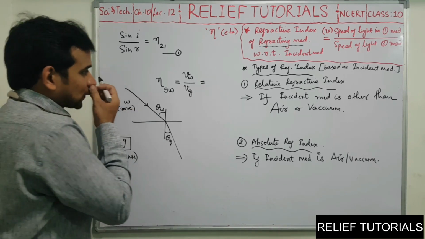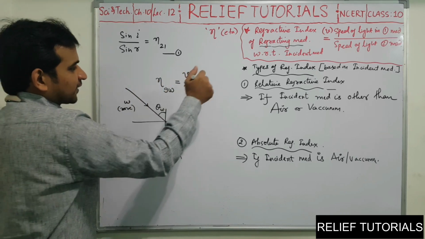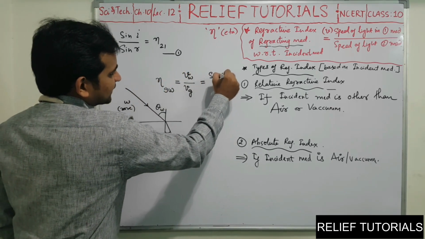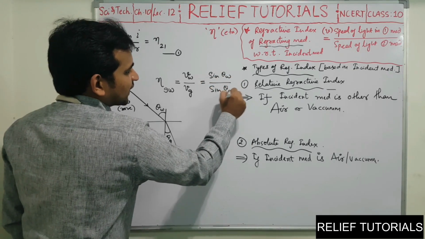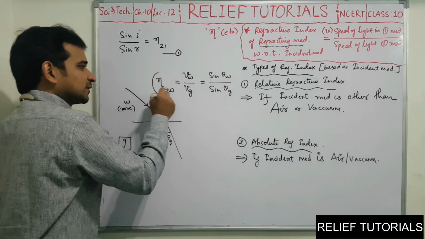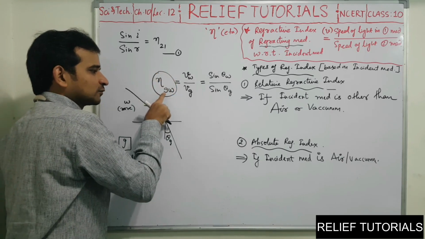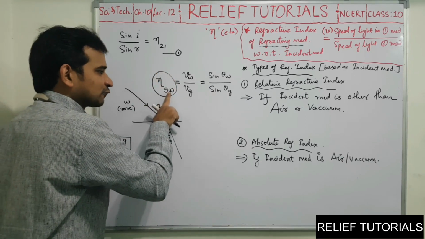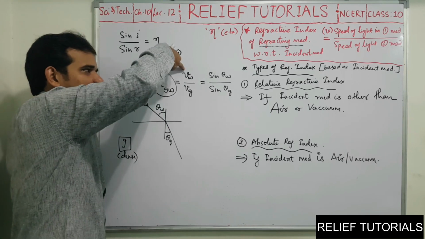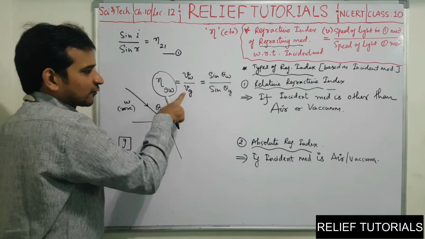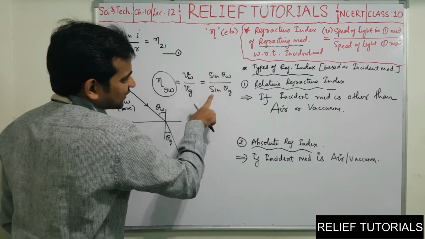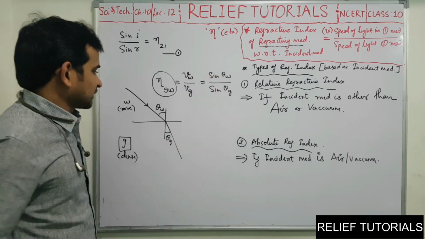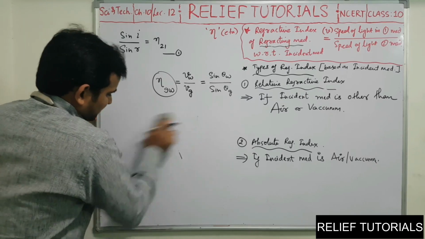So at the same time, another formula we can write here: sine theta W upon sine theta glass. So this is the refractive index of the second medium with respect to the first medium, equal to speed of light in the first medium upon speed of light in the second medium, equal to sine of angle of incidence upon sine of angle of refraction.